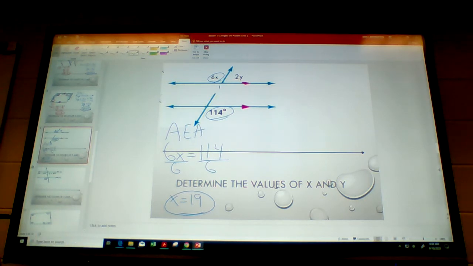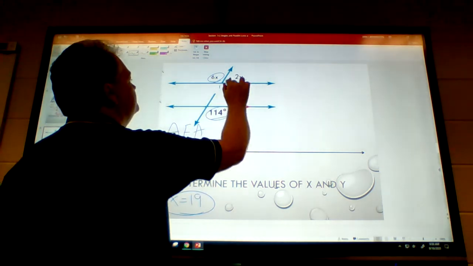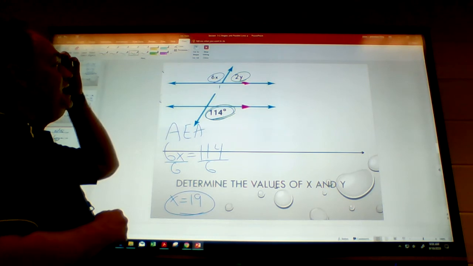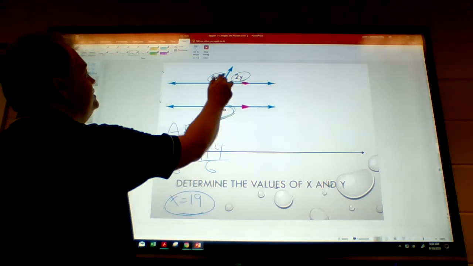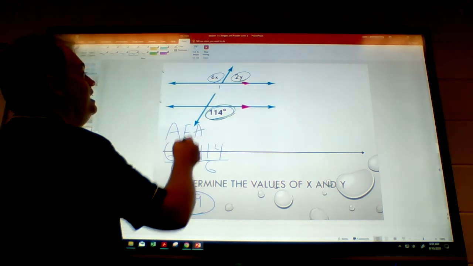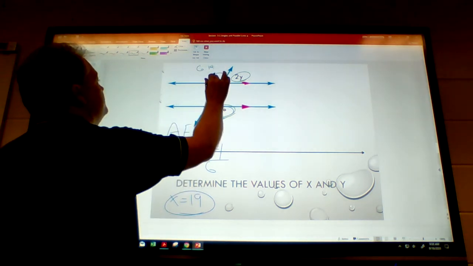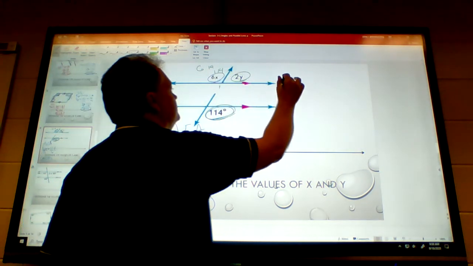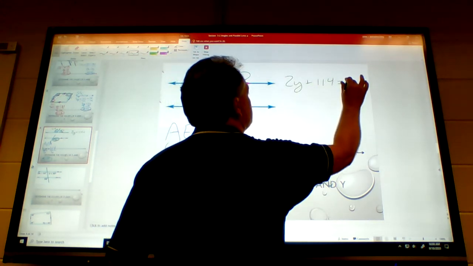Now, that's that one. The next one, 2y and 114. Now, I can do a couple different things. Here's one thing I do know. I know that these two angles are supplementary. I also know that 6 times 19 equals 114. So that means that 2y plus 114 equals 180.